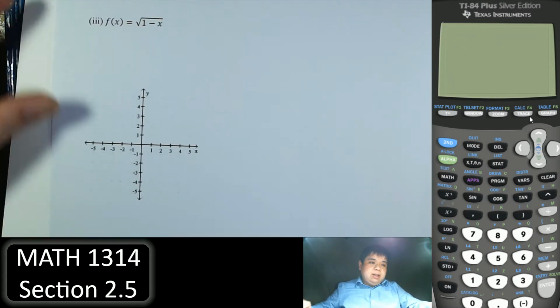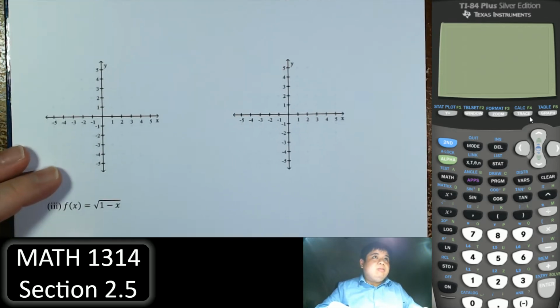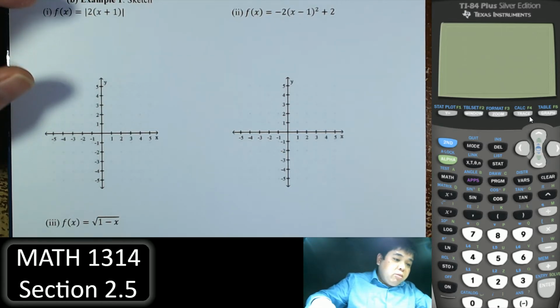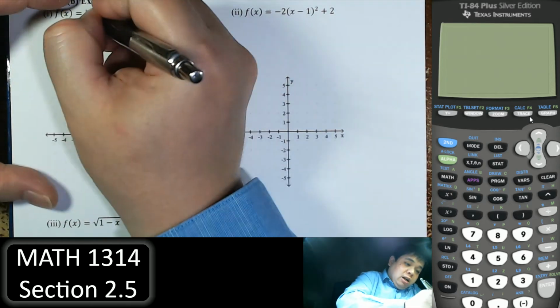Right. Now let's combine all of that together. Let's see, we have this. So the first thing we do when we do this problem is determine the basic function. The basic function here is absolute value of x.